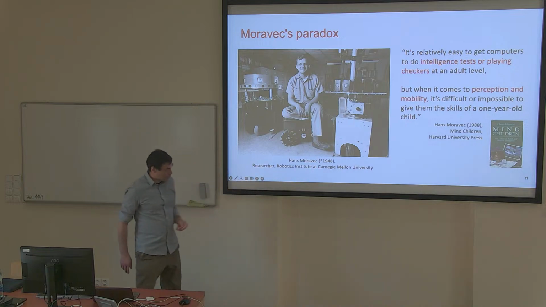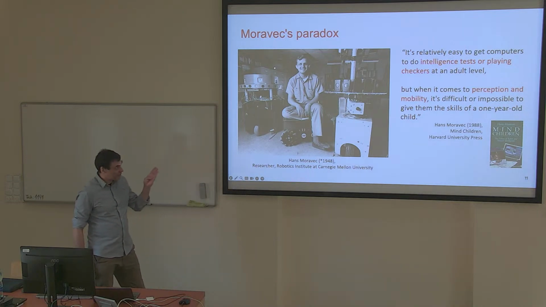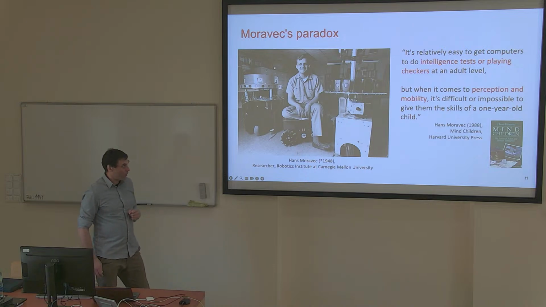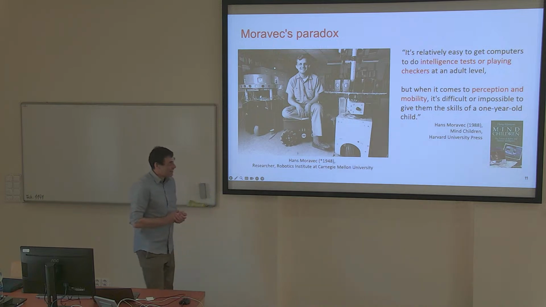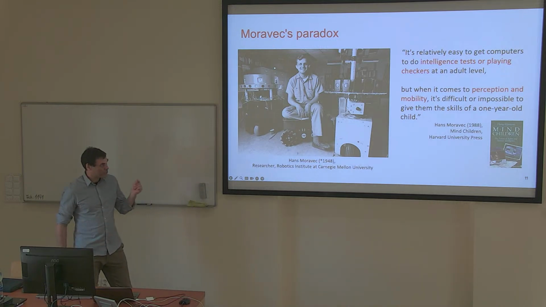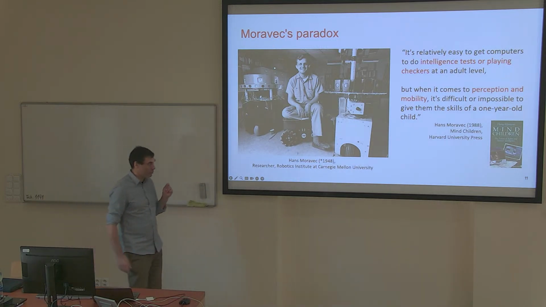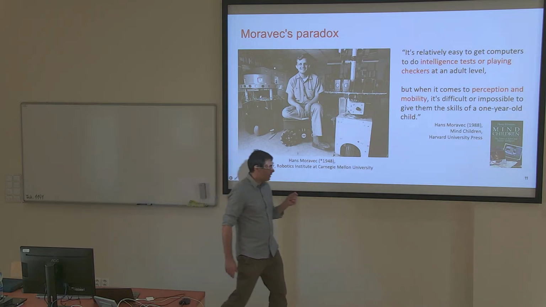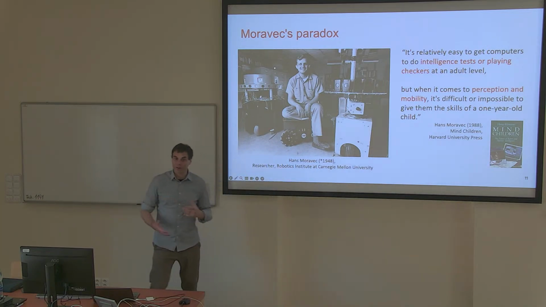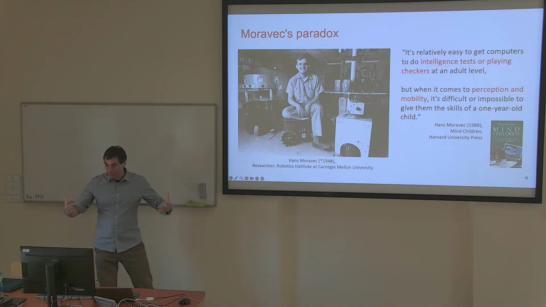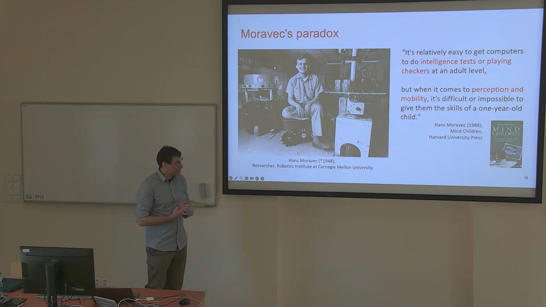And he says it's relatively easy to get computers to do intelligence tests or play checkers, which at the time was a capability at an adult level. But when it comes to perception and mobility, it's difficult or impossible to give them the skills of a 1-year-old child. At the time, it was not even at the level of a 1-year-old child. Now it's better, of course, but we are still not at the level of humans.